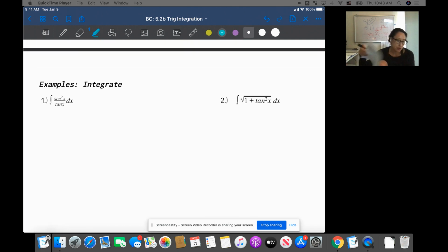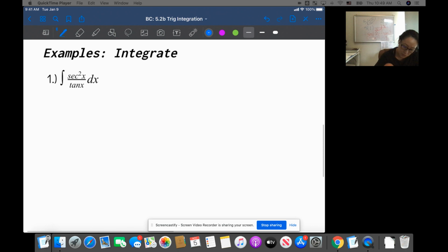So the first one is the integral of secant squared x over tangent x dx. And I just think about, like, if I took the derivative of something, will the derivative cancel with anything else? And so I'm going to make the bottom u, since again, we're really good at taking the integral of 1 over u.